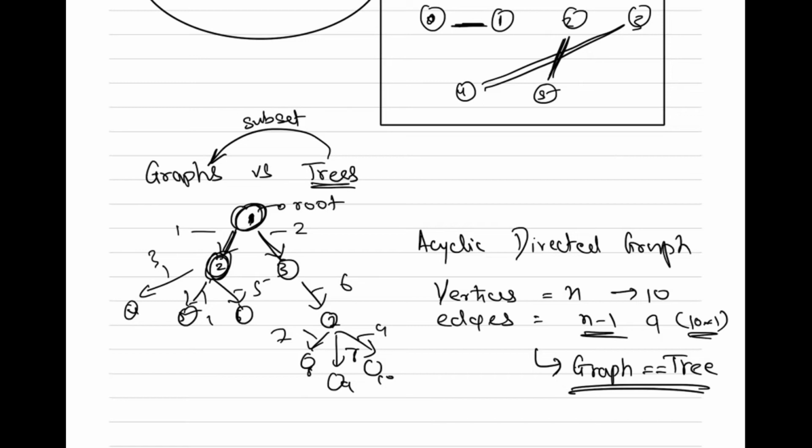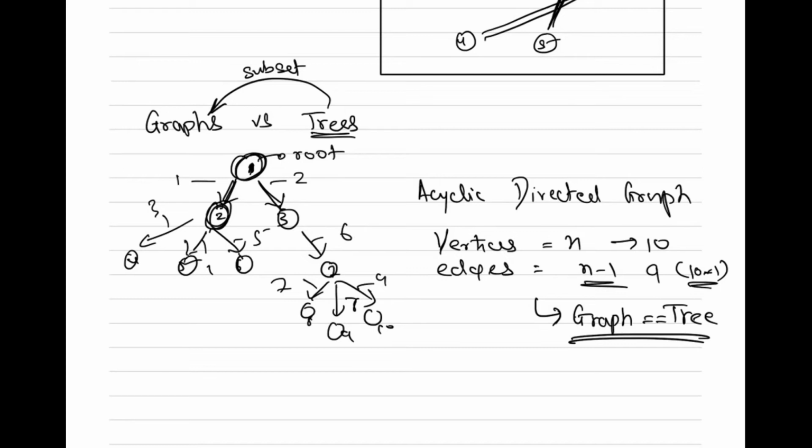Another one-liner to say how a tree is related to a graph: for any graph, if for any two random nodes on the graph there exists a unique path, and I'm going to consider the path bidirectional here, then it is a tree. So for every pair of two nodes, if there exists a unique path, it will be a tree.